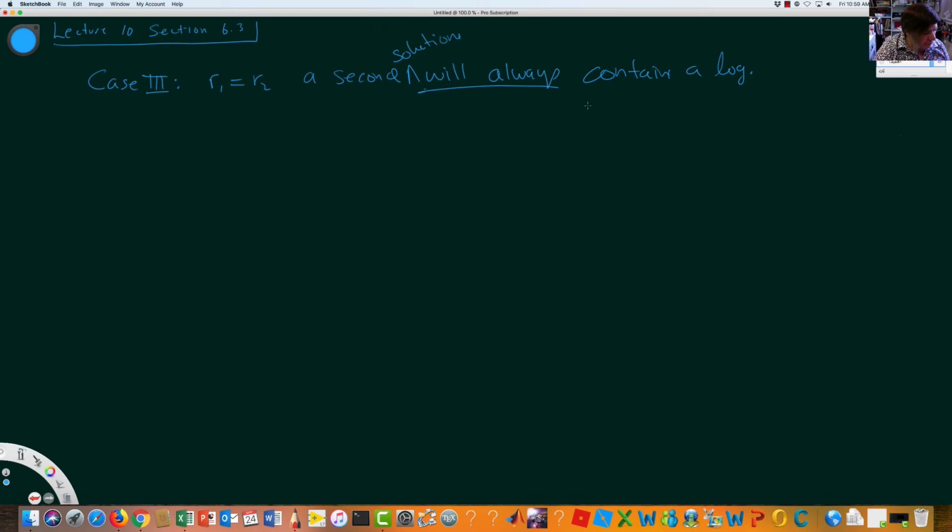This case tells me that I will always have a log in my second solution. So the case 3 solutions look like the case 2 solutions, except that there's always a log term. I'll write them down. We have a Frobenius term, x to the r1 sum n equals 0 to infinity of C_n x to the n, with C0 not being 0. And then the second solution is going to look like a log plus my other term.